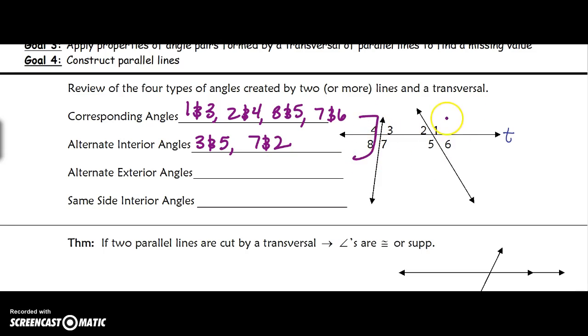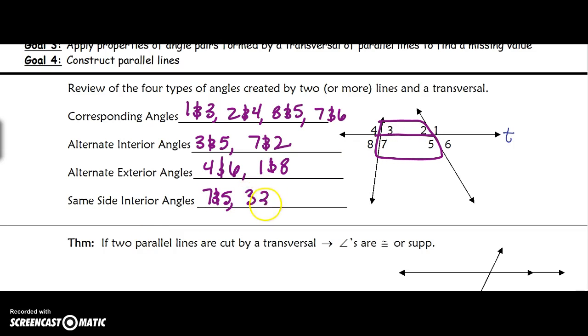Alternate exterior are on the outside, so 4 and 6, and then 1 and 8. Same side interior, so we're going back to the inside again, and you have to stay on one side of that transversal. You cannot cross over it, so 7 and 5, and then 3 and 2. So that's what we did yesterday.